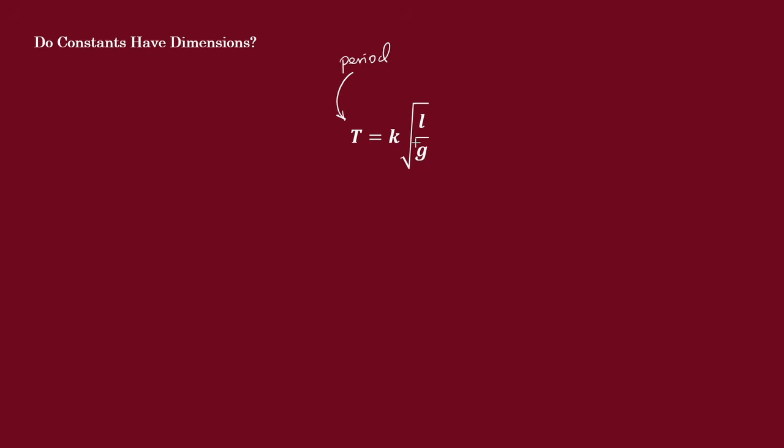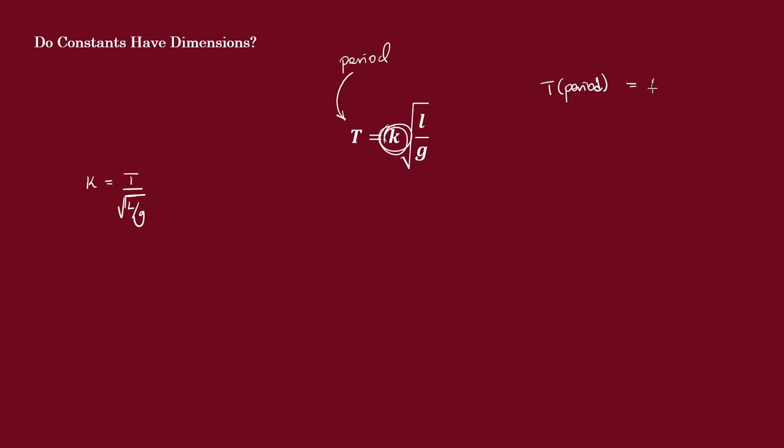So to make k the subject of the formula, k is going to be T divided by the square root of L over g. T is the period, L is the length, and g is the acceleration due to gravity. We know that k is going to be a constant. So let's show what the dimension of this constant is actually going to be. Okay, so we know T is period.